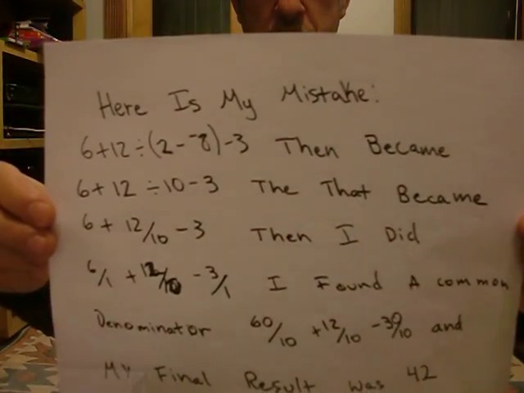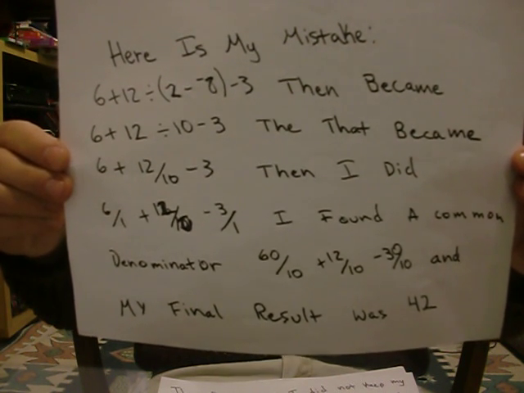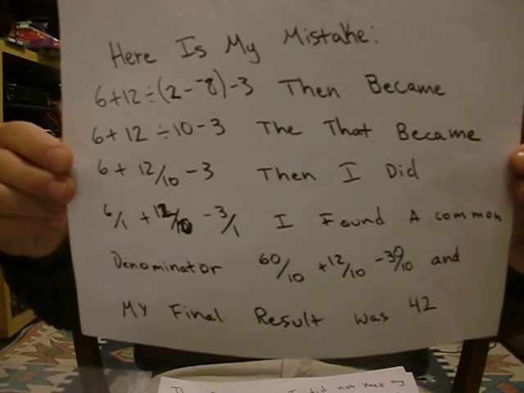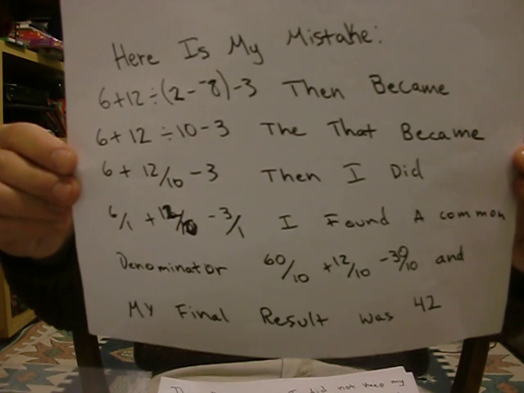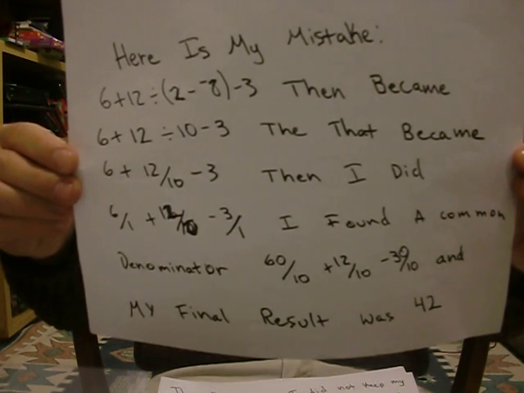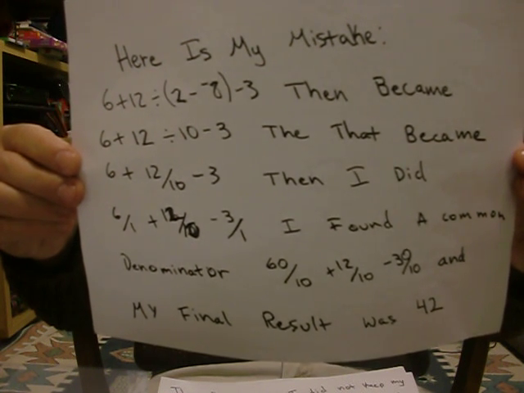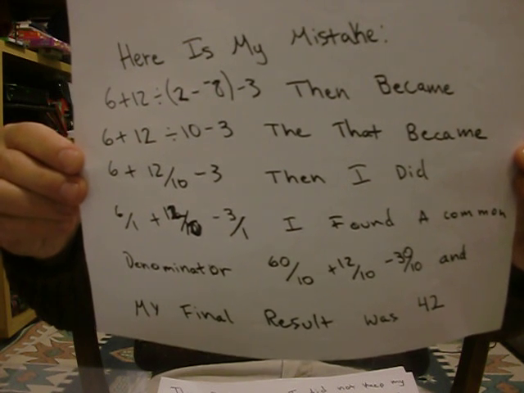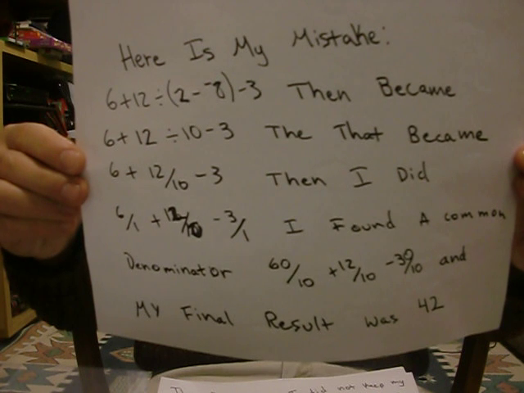Here is my mistake. 6 plus 12 divided by, open parentheses, 2 minus negative 8, close parentheses, minus 3, then became 6 plus 12 divided by 10 minus 3. Then we needed to find a common denominator, so I put the common denominator as 10, and then multiplied each numerator and denominator that did not have a denominator of 10 already by 10.